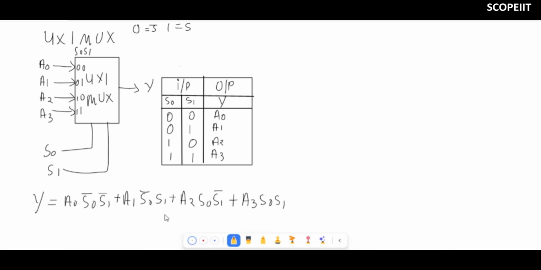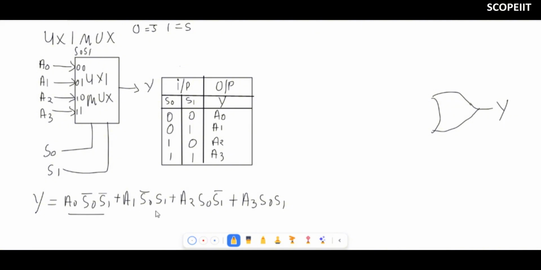Okay, now see, in this expression you can see there are 3 plus. But it is possible that in one OR gate we can connect more than one AND gate or any other operator. Okay, so here this OR gate will be only single, so I'll draw only a single OR gate, and that is nothing but the output Y. Now how many AND gates are required?